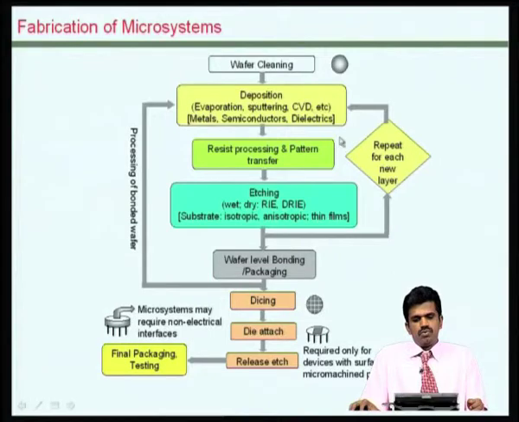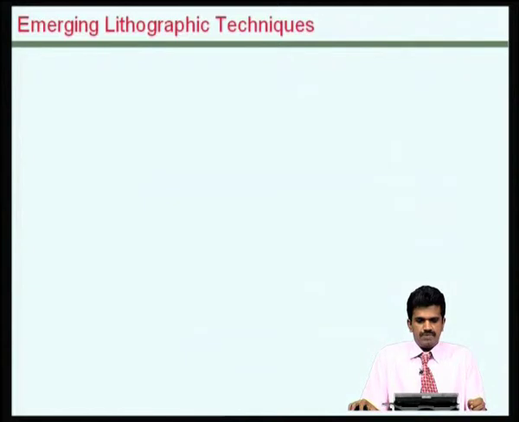This process can only be used for transferring a pattern onto the surface or a film on the surface of the wafer. Now, how do we extend these approaches into building microsystems? So, we will touch upon how this can be done to realize some microstructures, and how these processes that we have seen here could be extended for building microsystems.